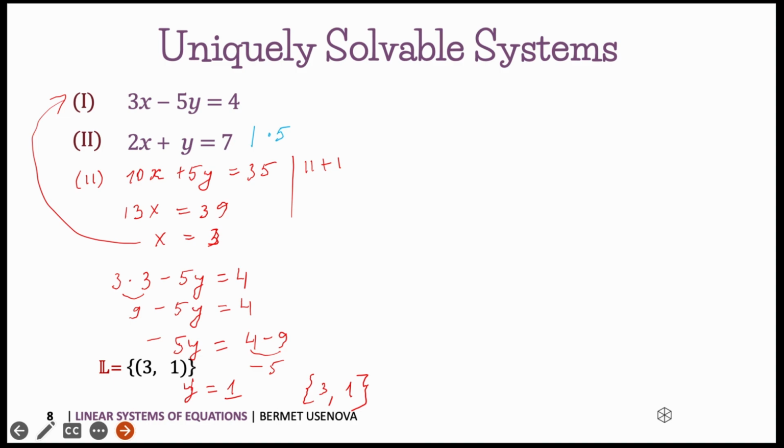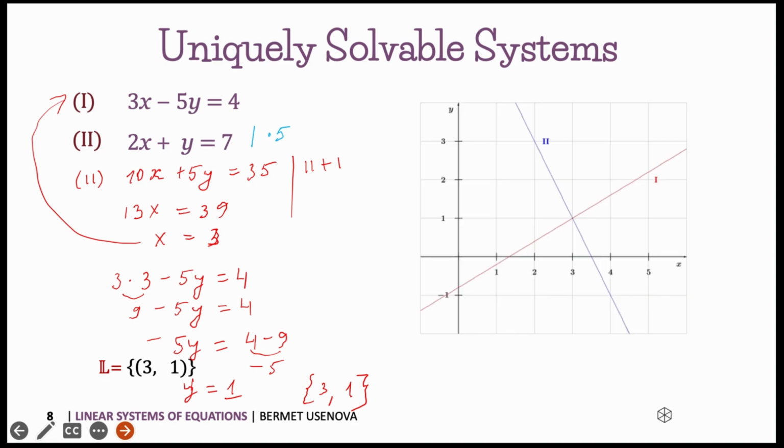So how do the system and this solution look graphically? Every linear equation, as we mentioned in previous chapters, is a line. A system of two linear equations is two lines, and the point where they intersect is our solution. For example, here 3x minus 5y equals 4, and this one is 2x plus y equals 7.